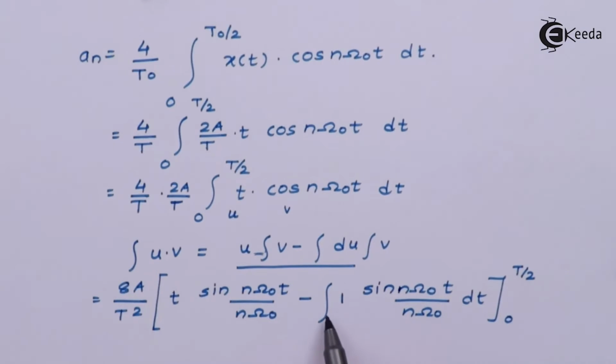Now again we have to integrate the sine n omega naught t. Now what is the integration of sine at? We know that integration of sine at is always minus cos at by a. So here my a value is n omega naught. We already have n omega naught in denominator. So after solving this integration, we will have n square into omega naught the whole square, and numerator we will write only cos of n omega naught t.